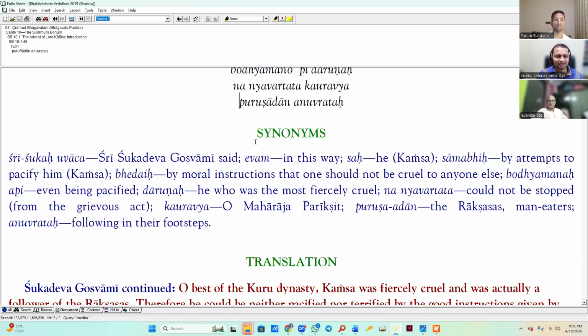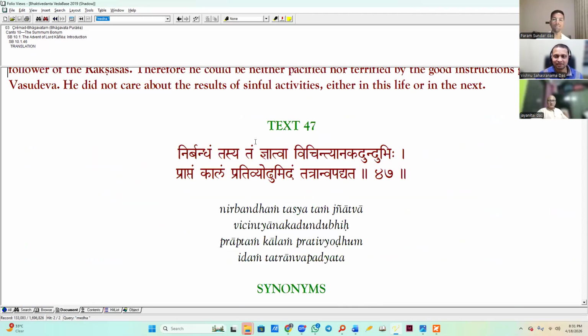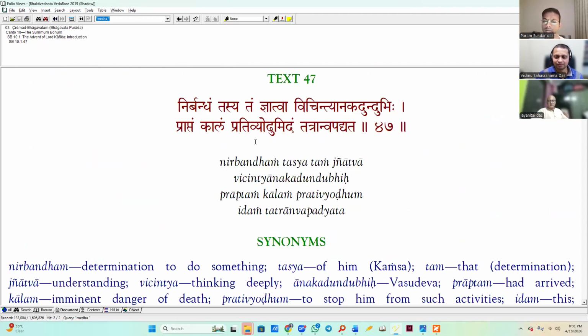Nirbandham tasya tam gyatva, vichintya Anakadundubhih praptam kalam prativyodhum idam tatra anvapadyata. Anakadundubhi means Vasudev. Tasya tam nirbandham gyatva. So now, from the body language of Kansa, Vasudev got to know.